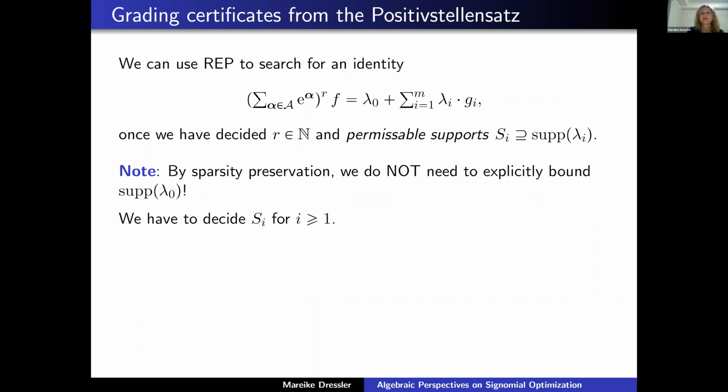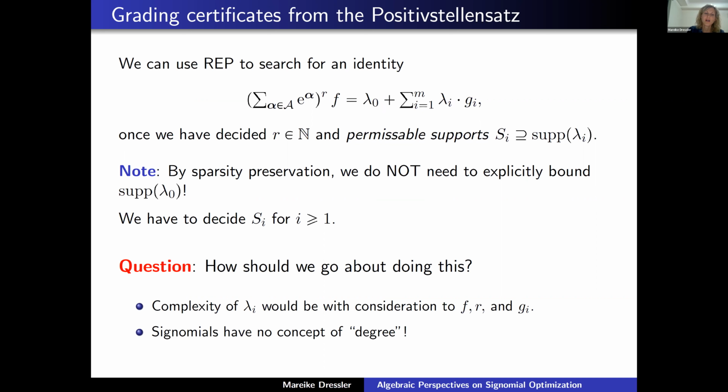By the sparsity preservation I told you about earlier, we do not need to explicitly bound the exponents for this Signomial, but something may happen with the exponents here. So we have to somehow decide the support sets of the polynomials. And how should we go about this?